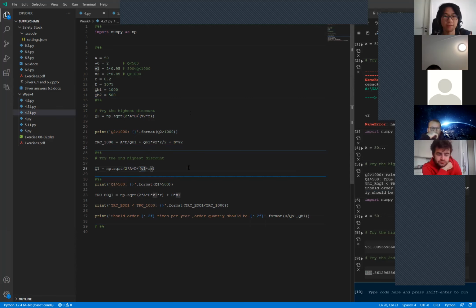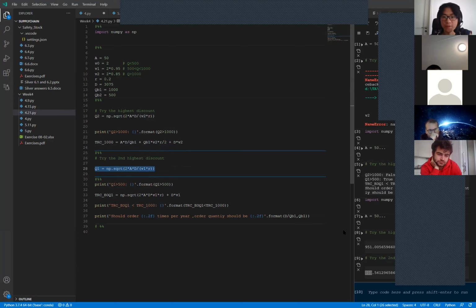But just be aware of the price and the quantity Q you are using. So here I'm using Q, which is 1,000, and V2, which is the highest discounted price. And here, first of all, it's another equation, and second of all, I'm using V1. Oh, sorry, this is the Q we are calculating. I'm sorry.